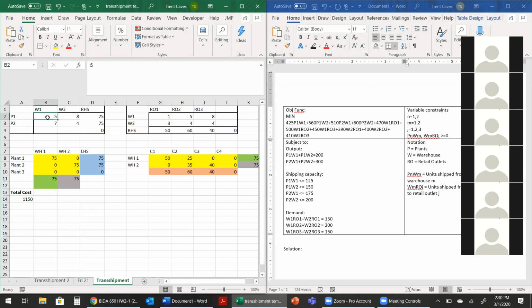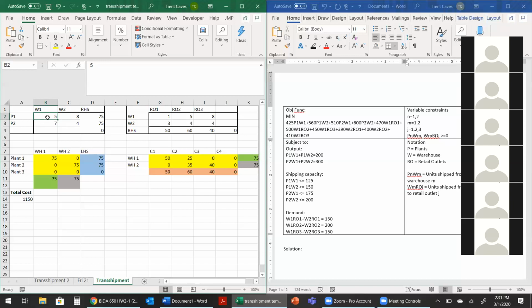So now we're going to fill in, and this section deals with our cost. Our shipping capacity is a constraint, and our constraints are identified in the solver. So all we're worried about at this step is just the cost.